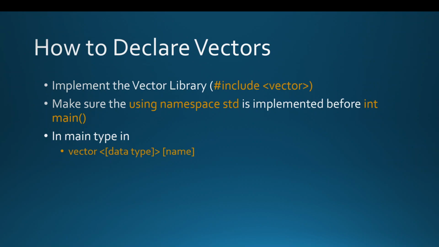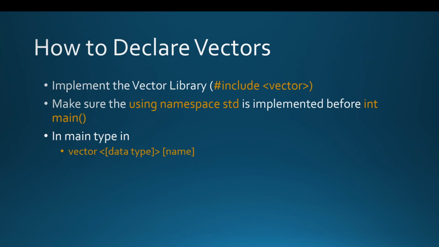Otherwise, you have to put std, then two colons, and then vector. It's the same thing for cout and endl. You need using namespace std so that you don't have to write it out and make your life more miserable. And it has to be implemented before main, which is usually what we do.